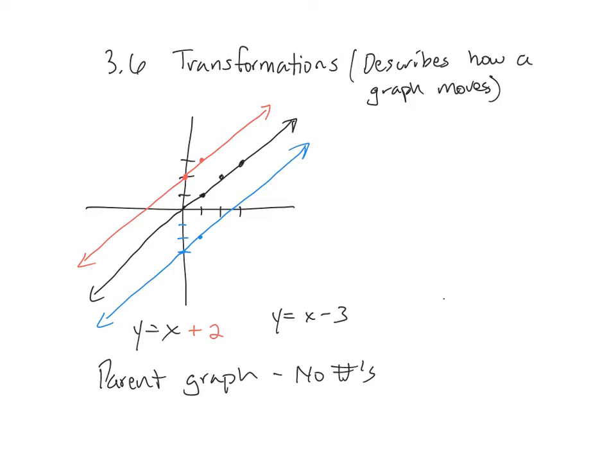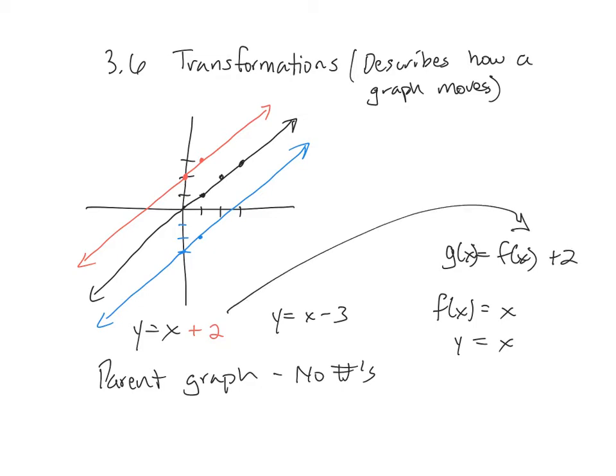So we could have f of x equals x. That's the same as y equals x. And then another way to write it is to say that the new line, we'll call it g of x, equals whatever the original line was, plus 2.